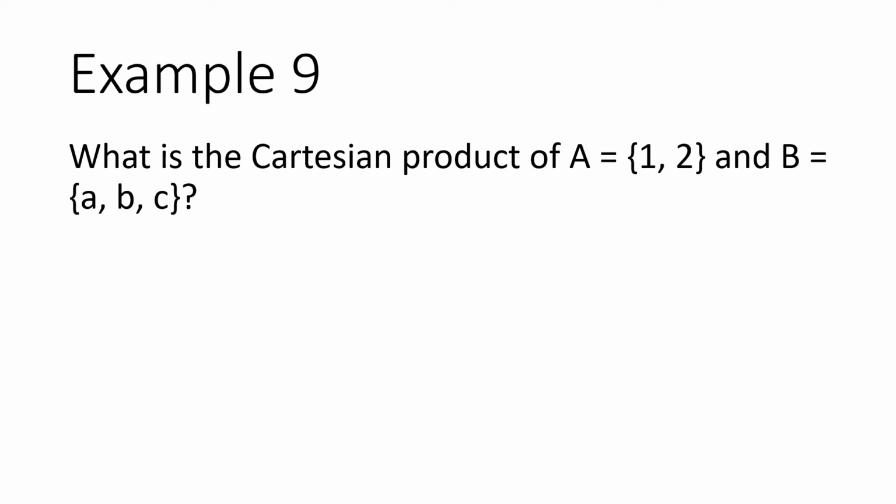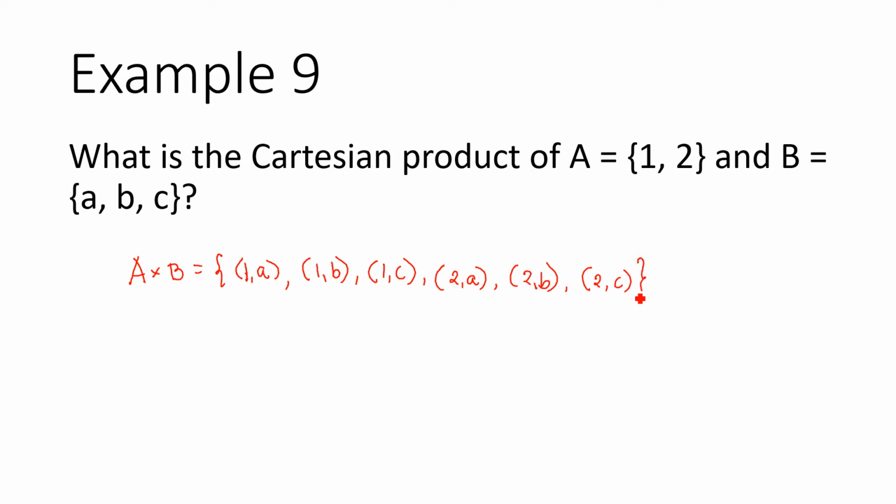To show the Cartesian product A by B, we have A by B equal to the ordered pairs (1, a), (1, b), (1, c), (2, a), (2, b), (2, c).